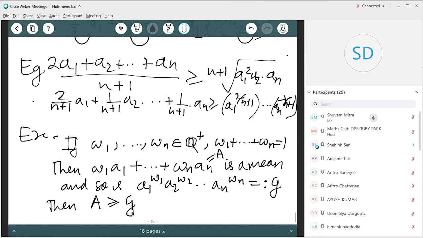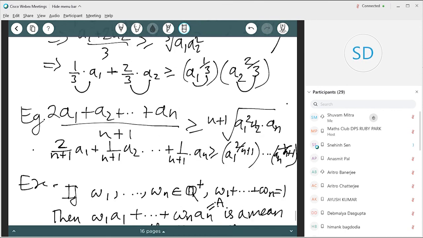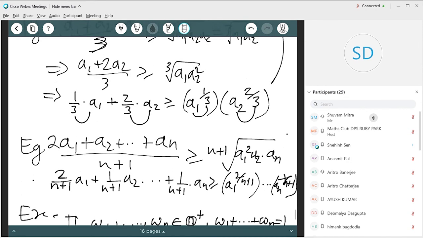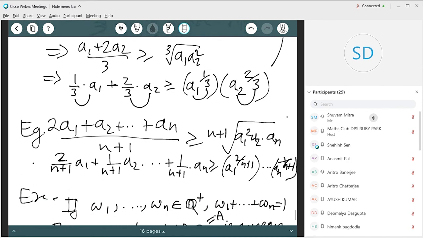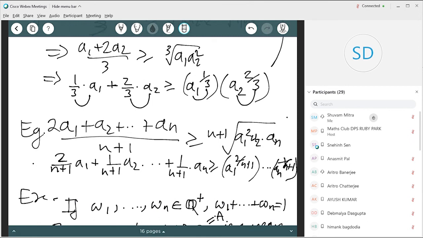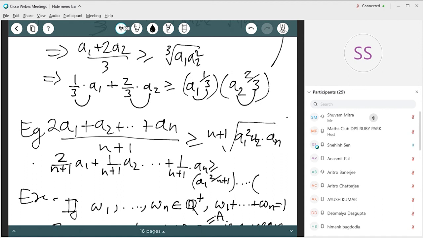Dada, 1 second here. I missed that part. A to the power A1 to the power 2 by n plus 1 till. Oh, this product, right? Yeah. I should write it. This product is basically A1 to the power 2 by n plus 1 times till A to the power 1 by n plus 1.